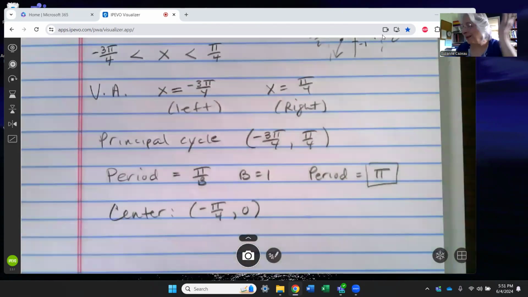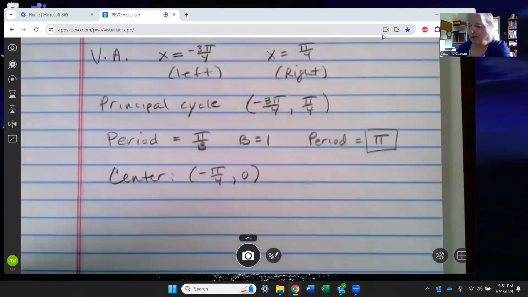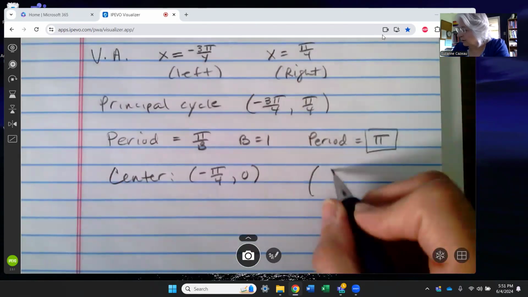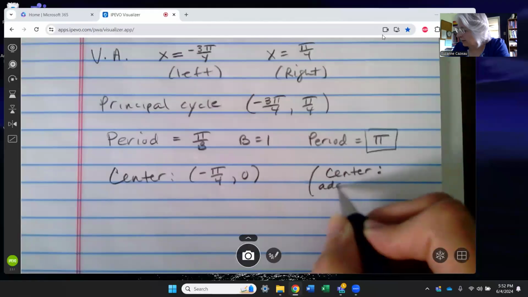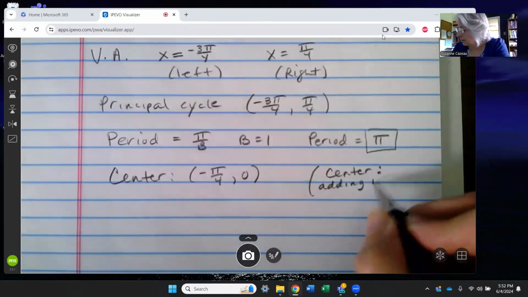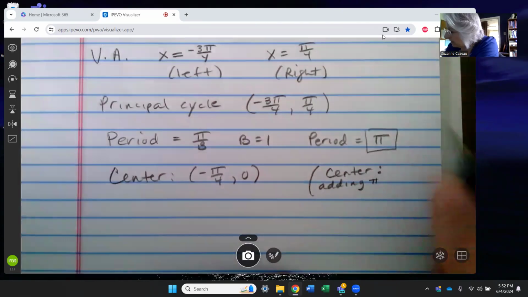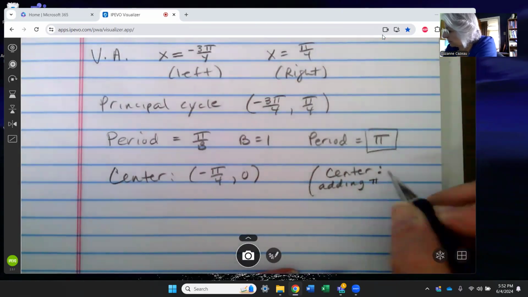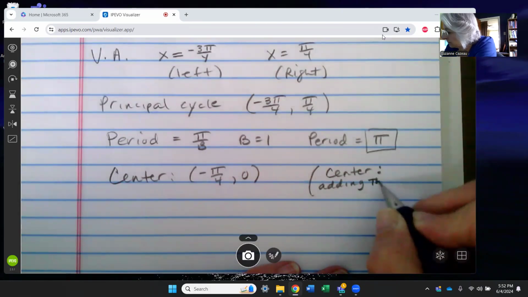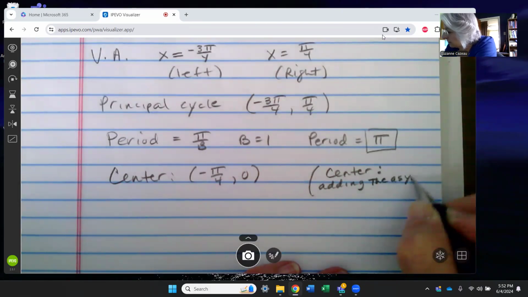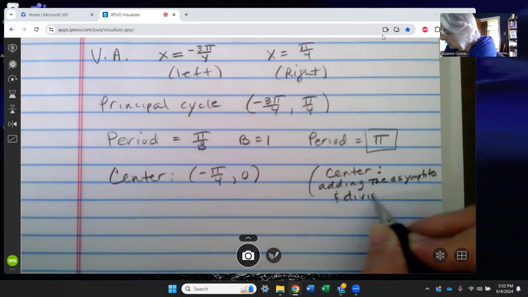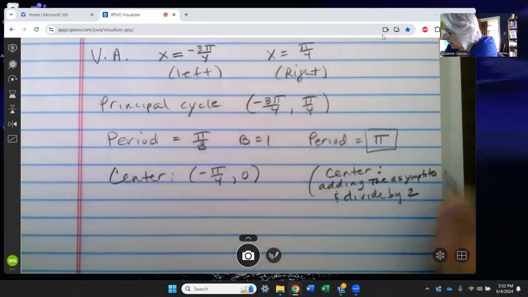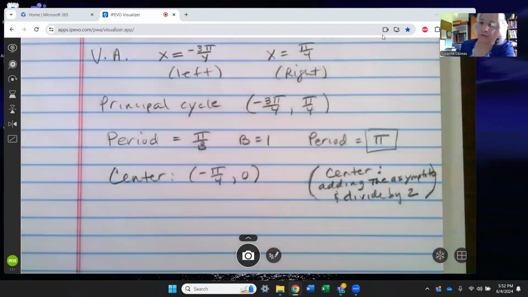Okay. Now, if that didn't work out for you, if you somehow got kind of mixed up, you can also find the center by adding the asymptotes and divide by 2. Right? This is basically finding the average.